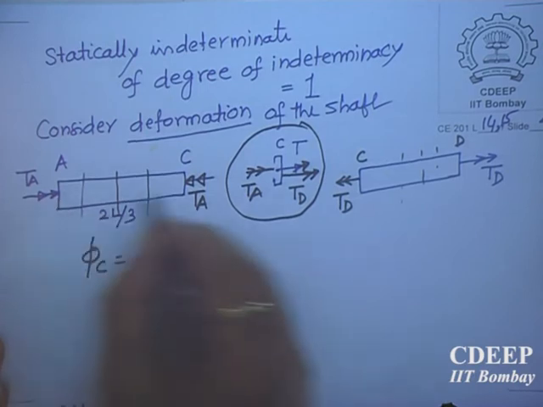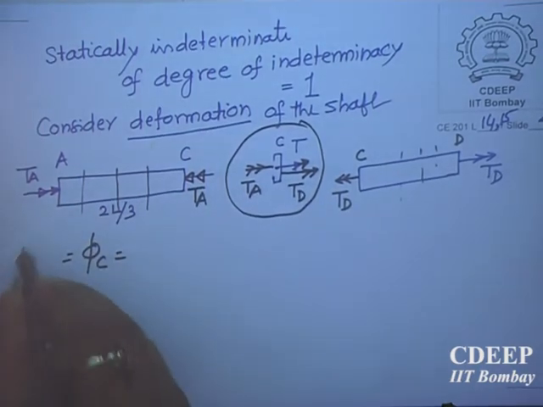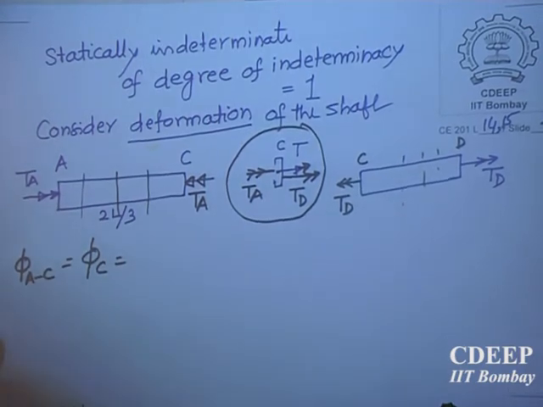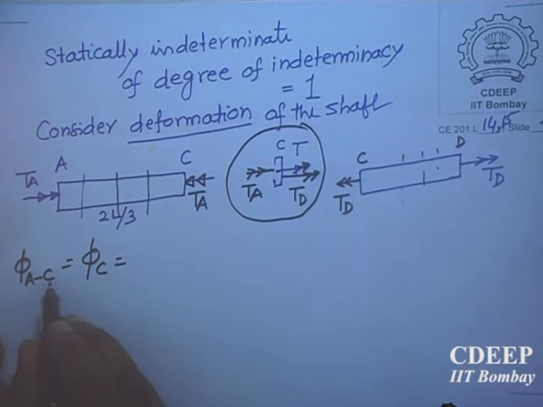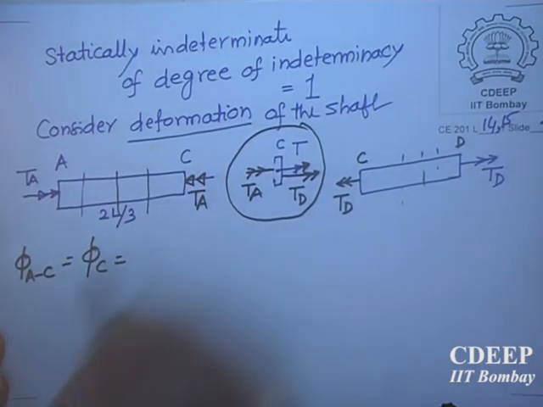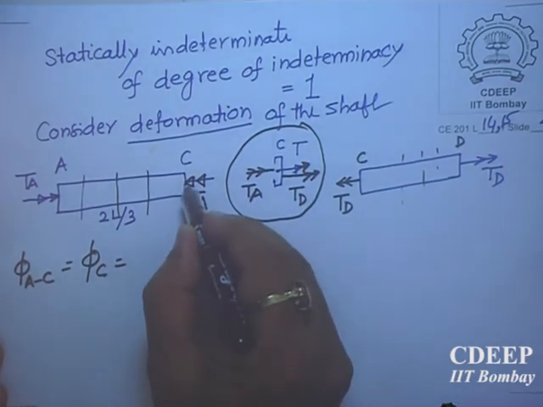Phi C with respect to A, that means I am saying phi A to C. At A it is 0, at C it is some phi C.